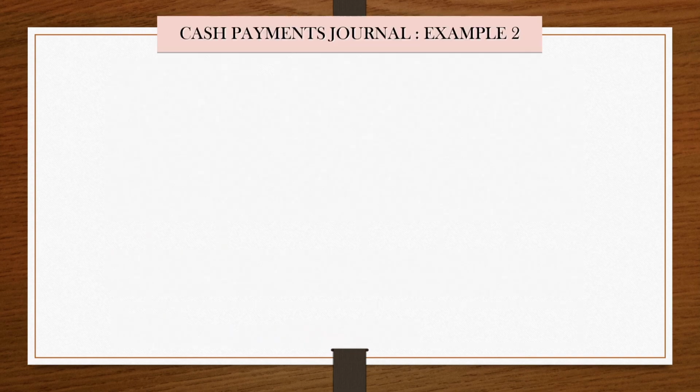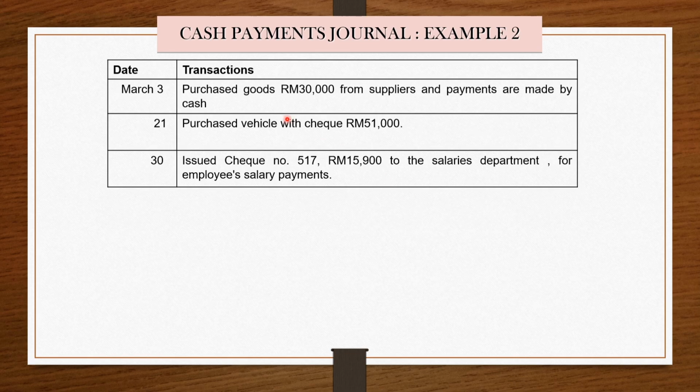And look at the second example. There are 3 transactions, and these are transactions for cash payment. The first one, 3rd March, purchase goods Rm 30,000 from suppliers and payment is made by cash.